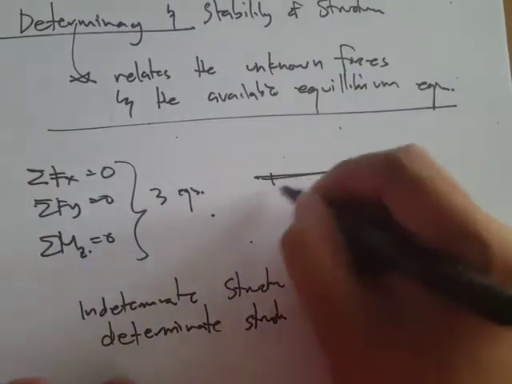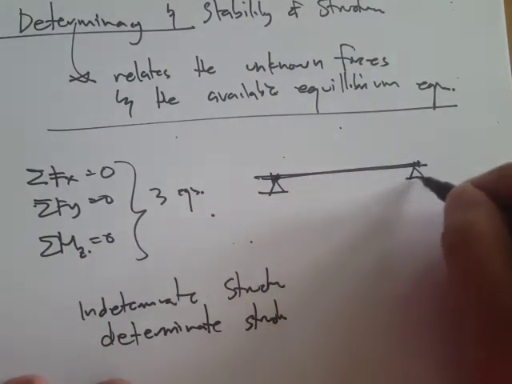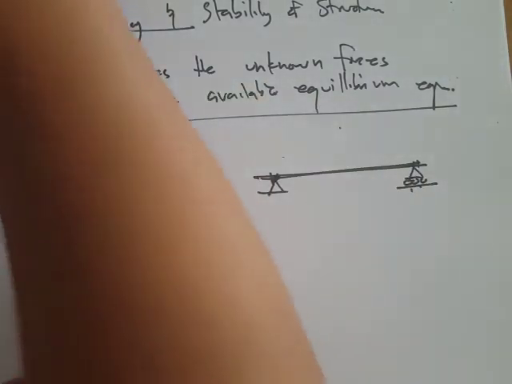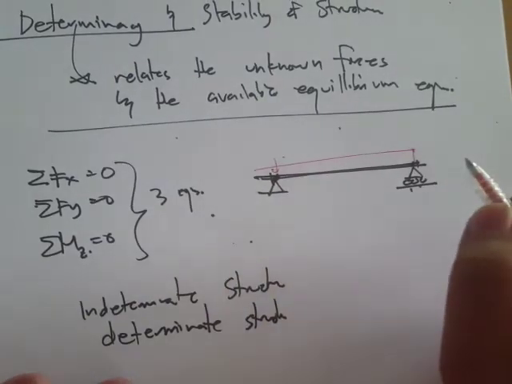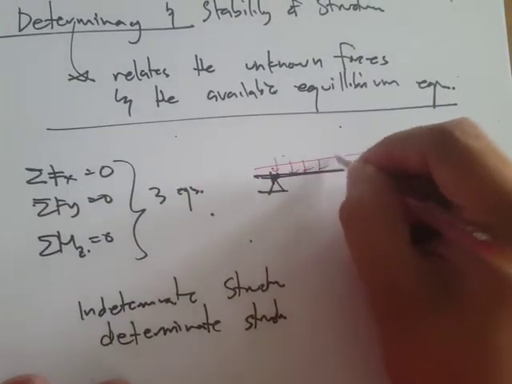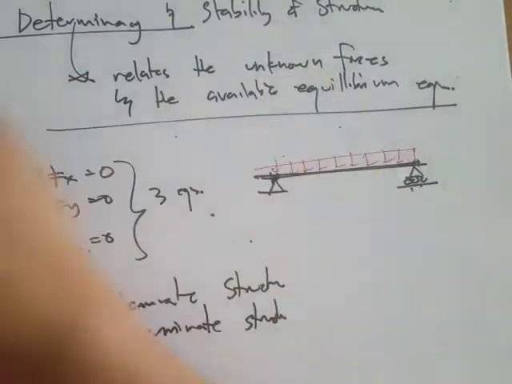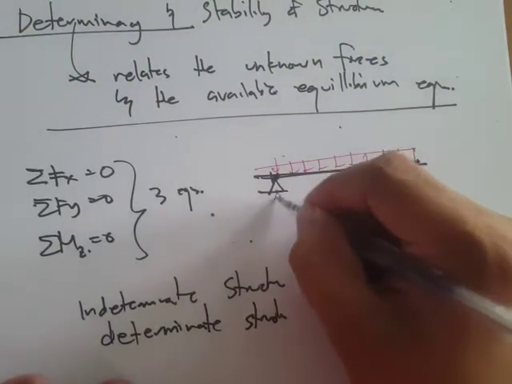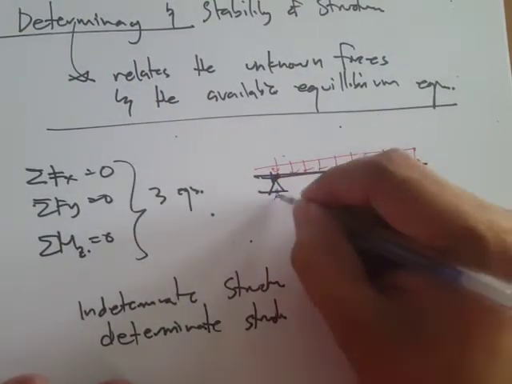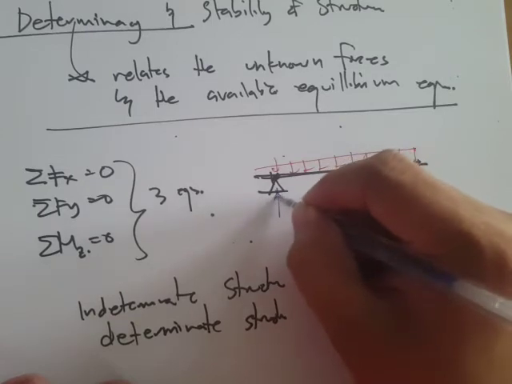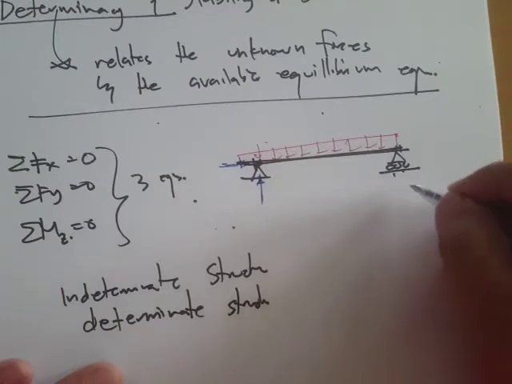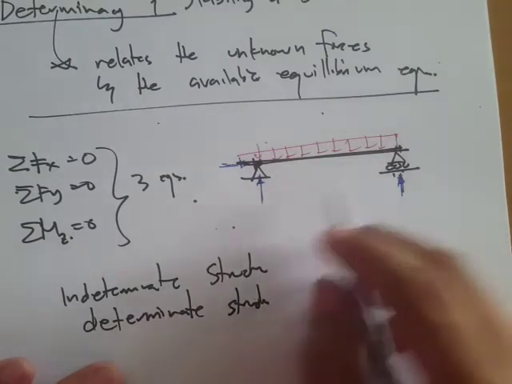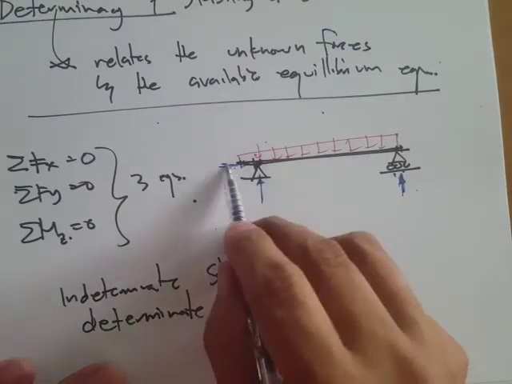Okay, so for example, we have this beam with a pin and roller support. If it's loaded with an external loading, recall that support reactions develop. Since this is a pin, we have two reactions for the pin, and for the roller we have only one reaction. So how many unknowns do we have?